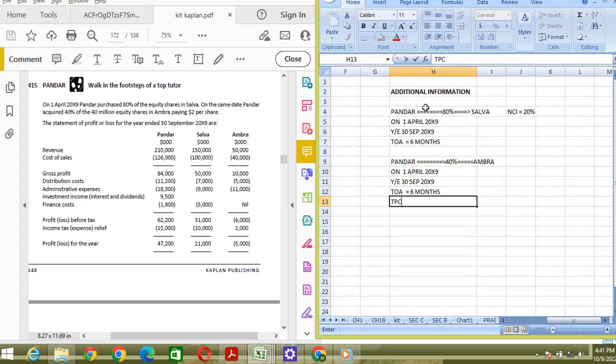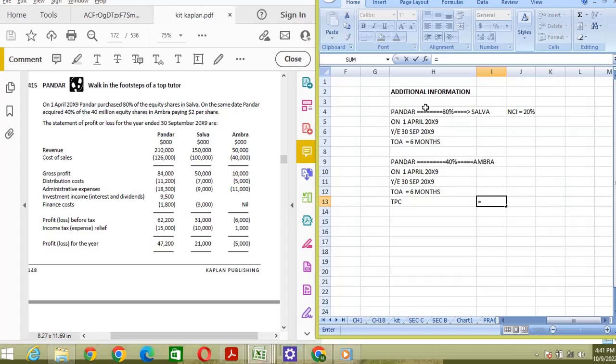Here TPC has been given: 40 million, out of which 40% have been acquired. So 40% into 40 million; we will take 3 zeros as common, which means 40,000. The cost per share has been given, that is 2, so 32,000 is the total purchase consideration.